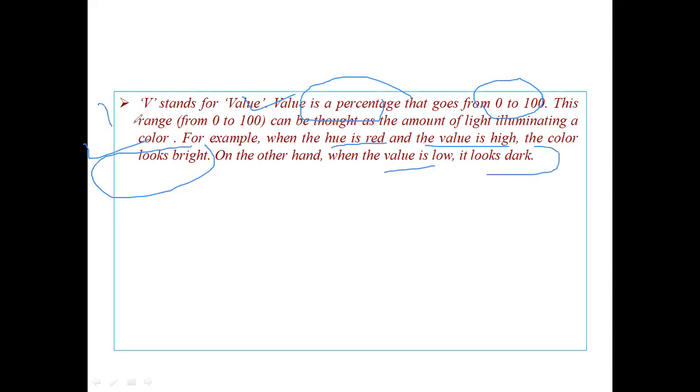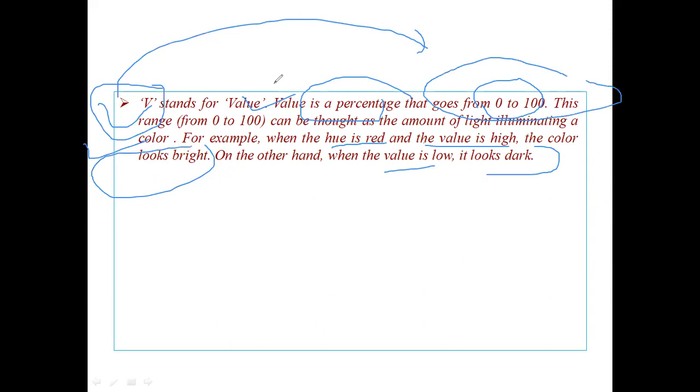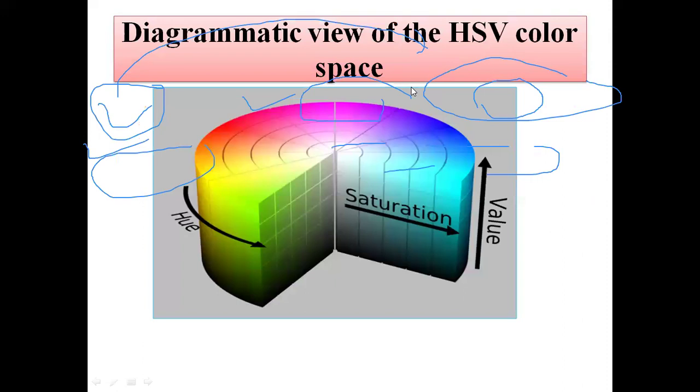So basically, this channel gives us the brightness values, and the values are in the form of a percentage going from 0 to 100. Clear? Okay. Now look at this diagram.